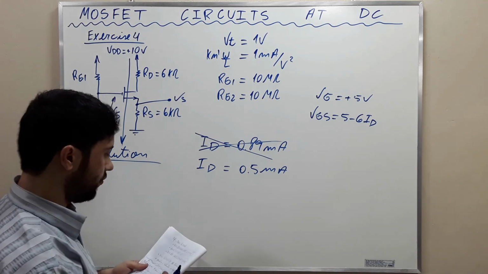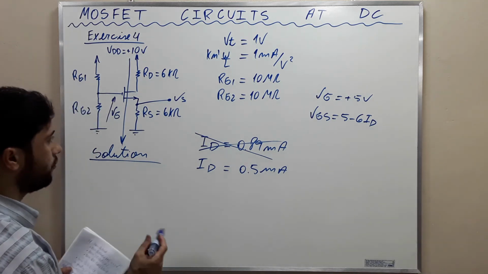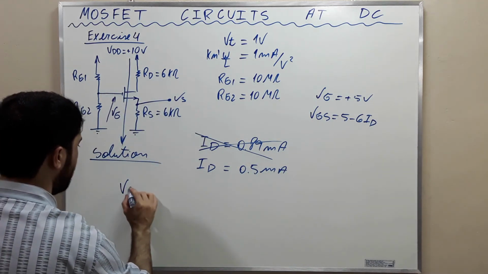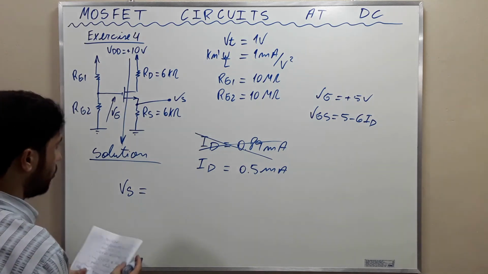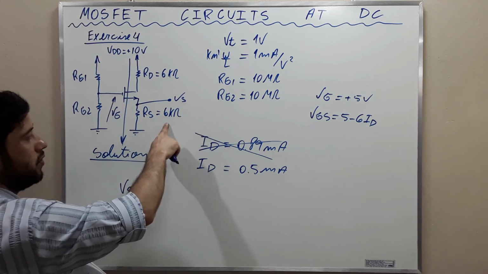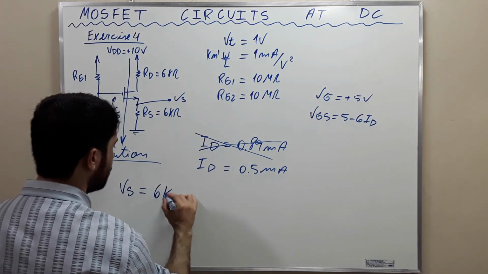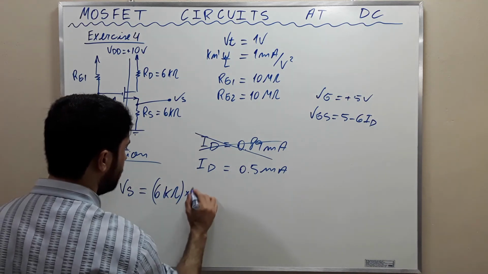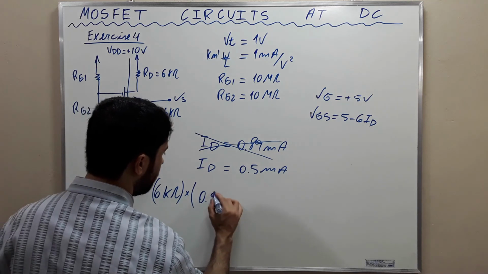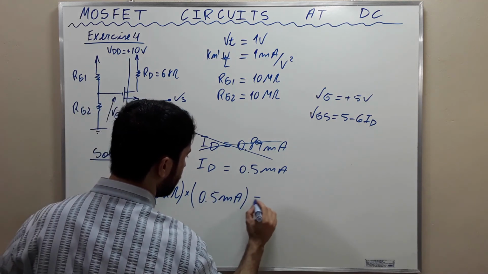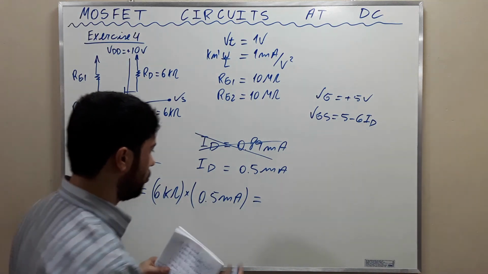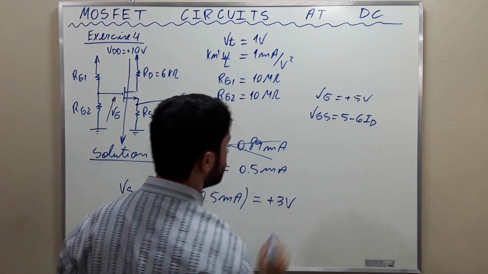If we use this value, we are going to find that Vs is equal to 6 kilo ohms times the value of the current we just calculated, and it is equal to positive 3 volts.